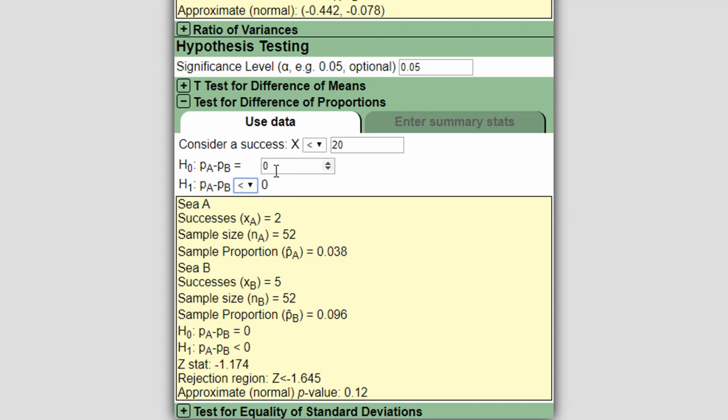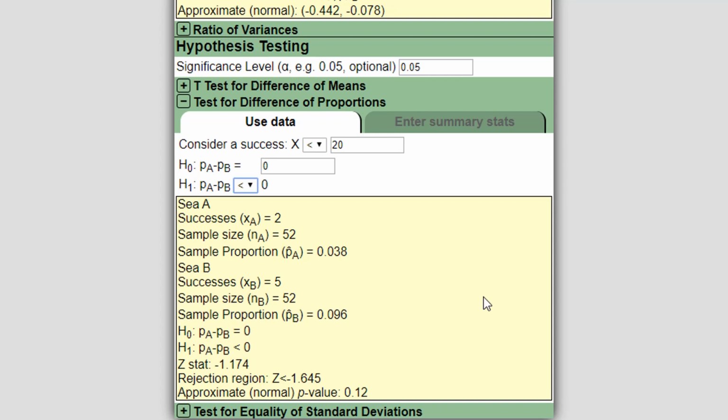I can actually put in a different number here if I wanted to see if it's 1 percentage point lower or 2 percentage points lower. Anyway, we can see what we get. So it gives us sample proportions just like we had before, and it gives us a z-statistic for our test and a rejection region, and it tells us that we have a p-value of 0.12. So at a significance level of 0.05, I wouldn't reject that null hypothesis.